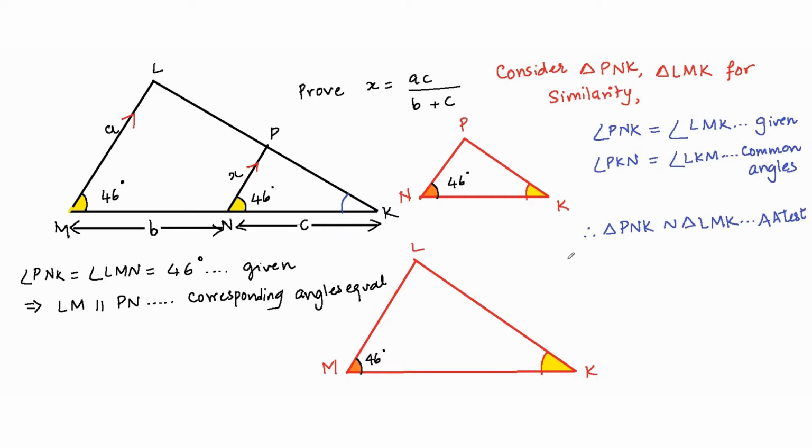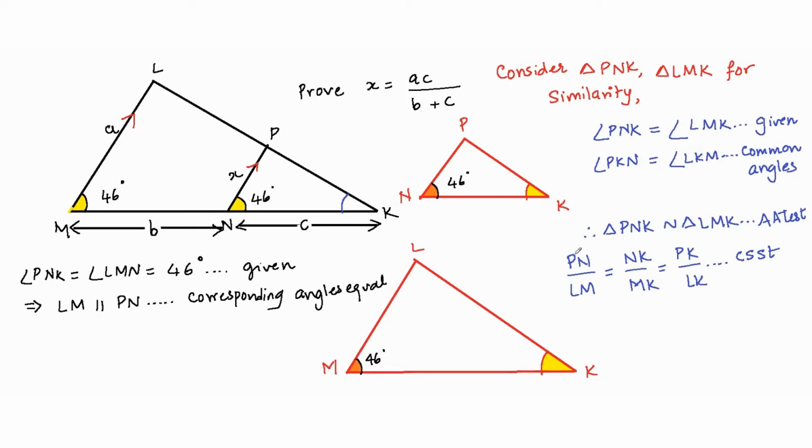And now I can write the ratio of the sides. So I can say PN divided by LM is equal to NK divided by MK, which is equal to PK divided by LK, and this is because of corresponding sides of similar triangles. And now let's substitute the sides that we know.